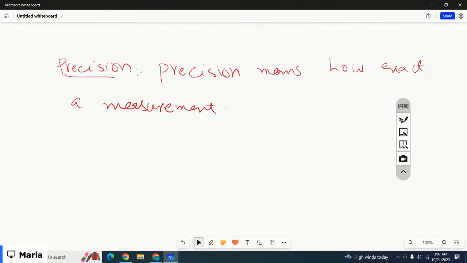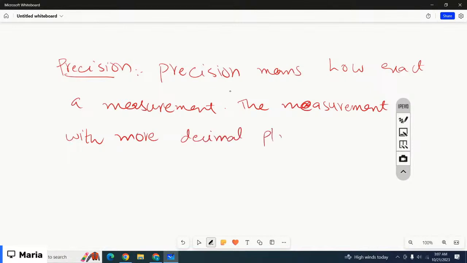The one that has more decimal places is more precise.